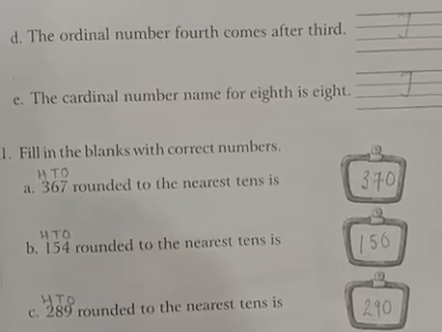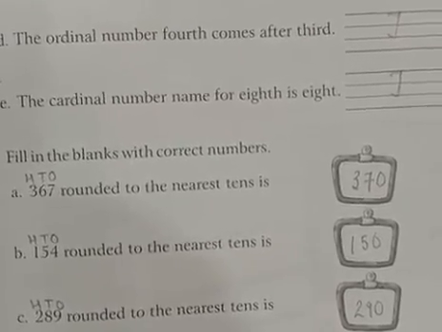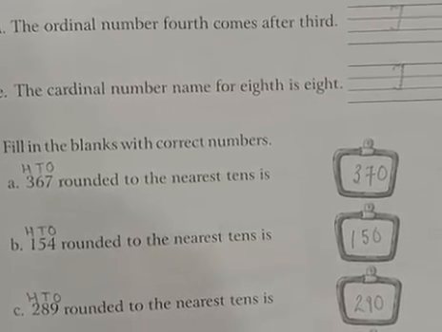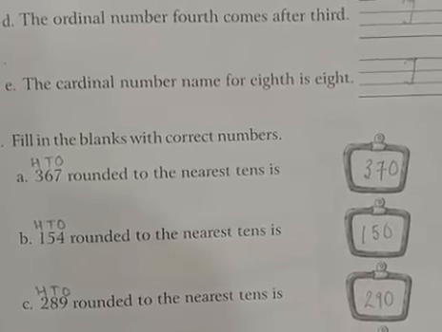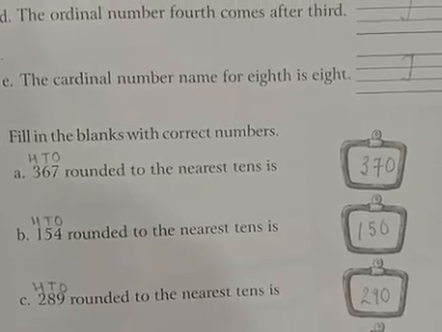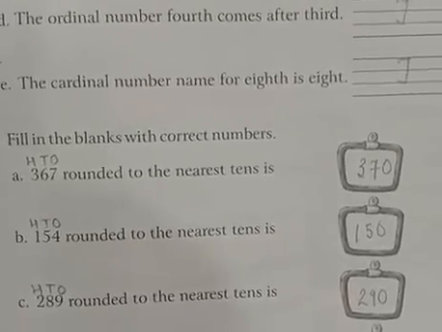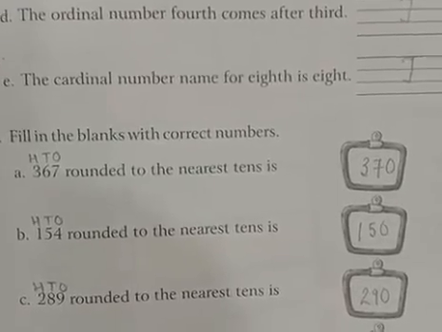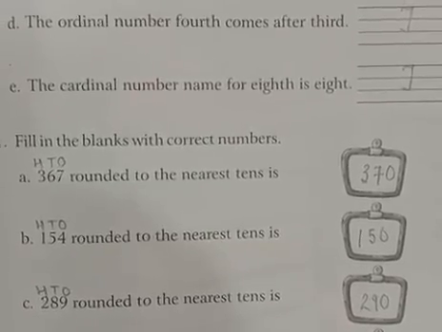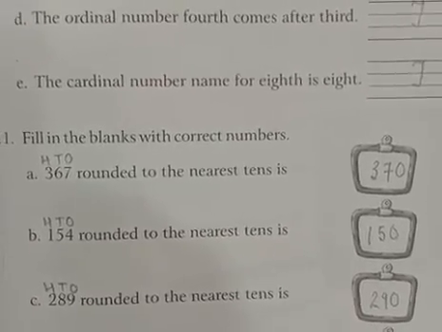So 367 is rounded to 370. B point, 154 rounded to the nearest tens is. Now you have to round off 154. सबसे पहले राउंड ऑफ करने के लिए आपको क्या करना है? You have to see the digit at the ones place.